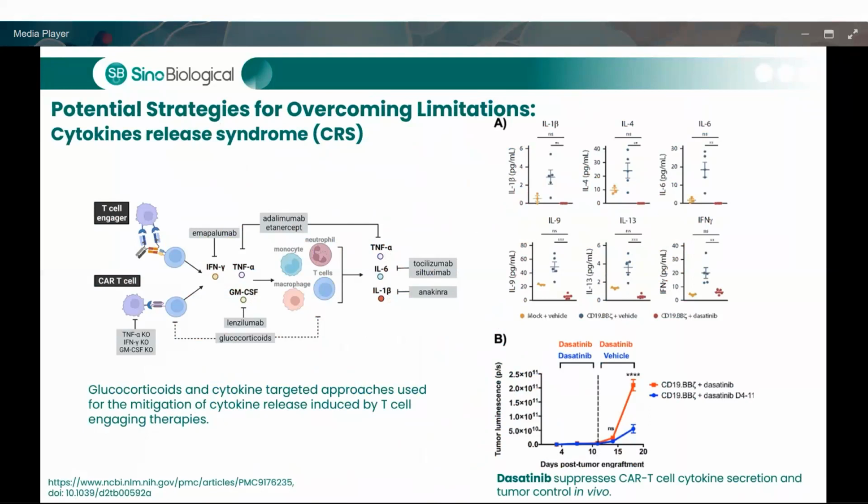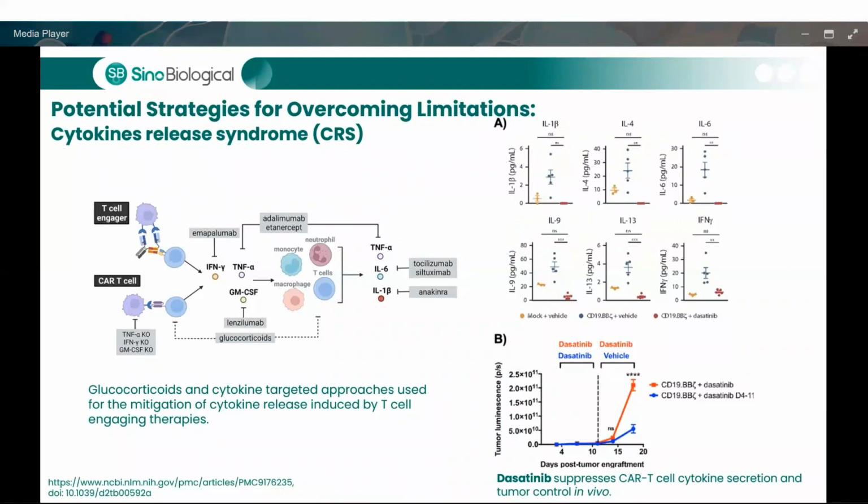To alleviate the effect of cytokine release syndrome, glucocorticoids or cytokine-targeted approaches are used. In vitro and in vivo studies have suggested novel cytokine-targeted approaches for the mitigation of CRS.